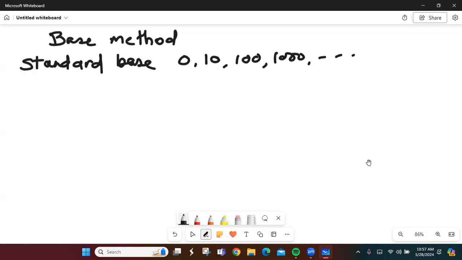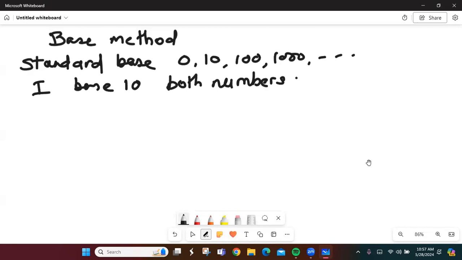So in today's video, we'll consider base 10 multiplication, in which both the numbers we multiply are greater than the base.